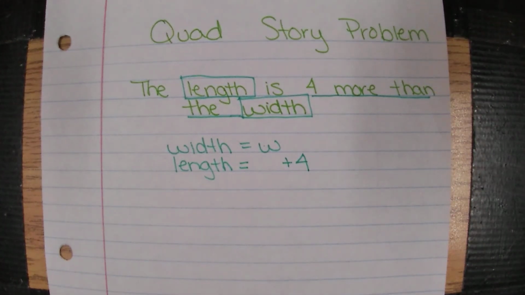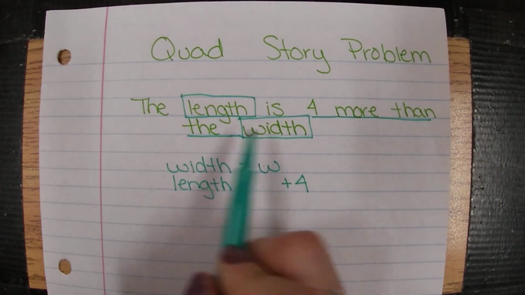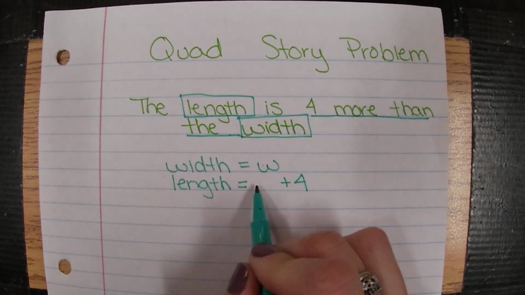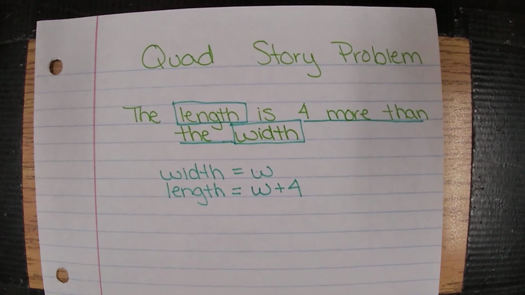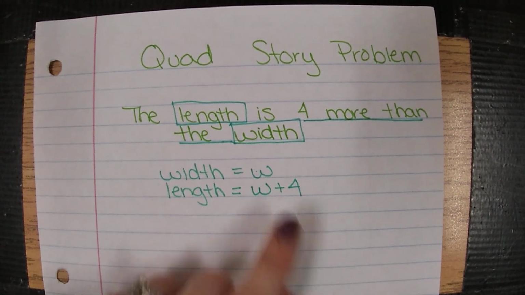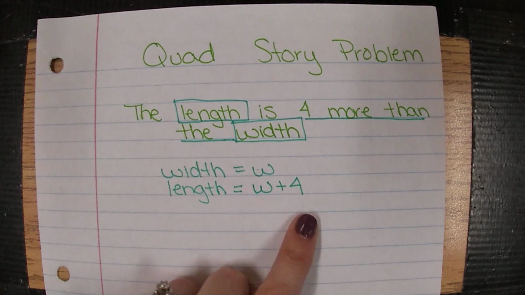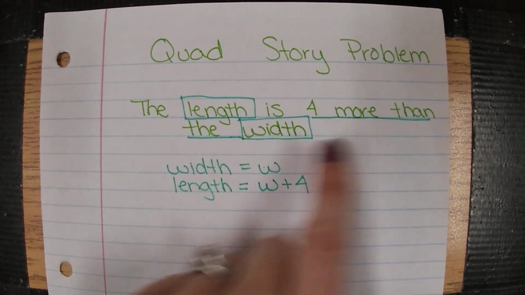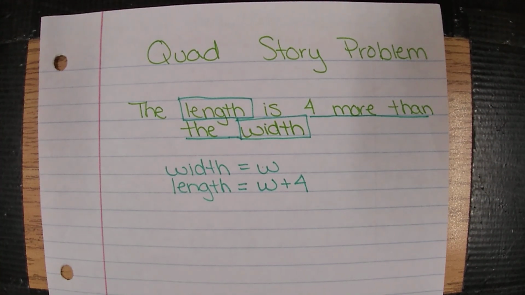I'm going to write it at the end just because that's what we tend to prefer to see. For more than the width. Well, our width is now W. So our width is just W and our length is W plus 4. I defined it by using those key term translations that we learned at the beginning of algebra.